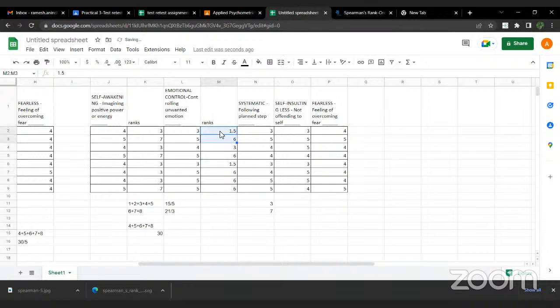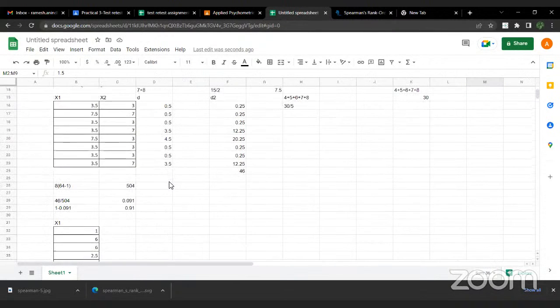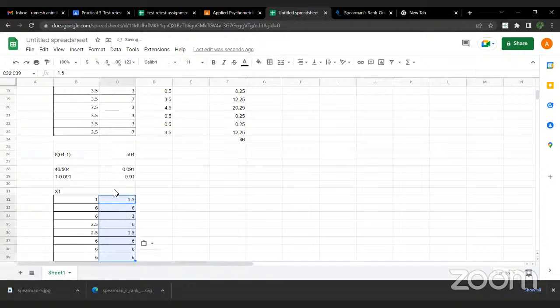So again, I'm just going to copy this and put it right here, so X2. Right. So now we're going to calculate the difference.